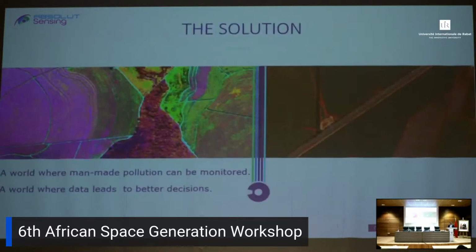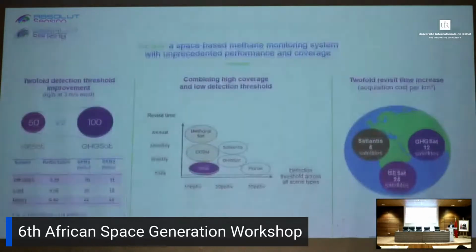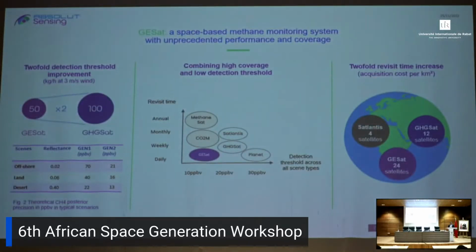So the solution is to go ahead and first have a detector that's able to look at those very small emissions. At heart, we are a sensor company at Absolute Sensing. We've been developing the technology in one of our sister companies called Absolute System, and it took us 10 years to develop this sensor technology.